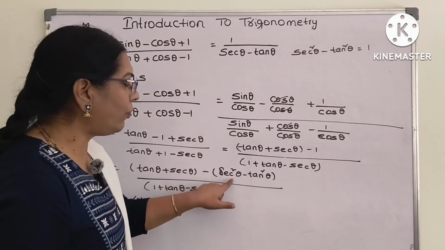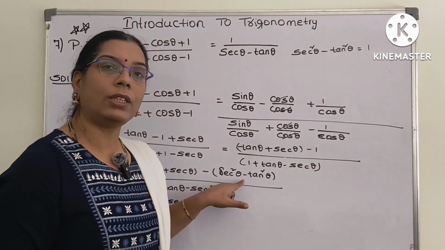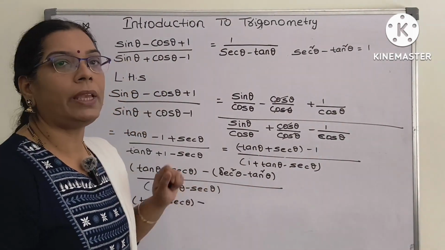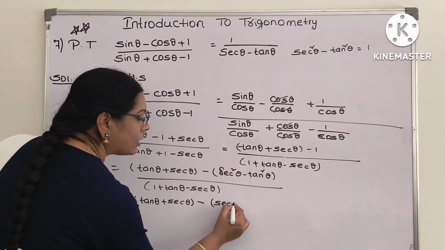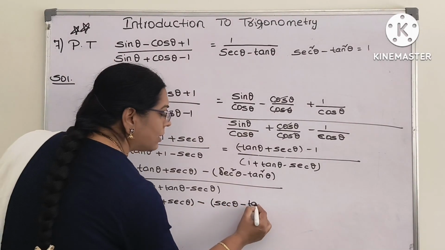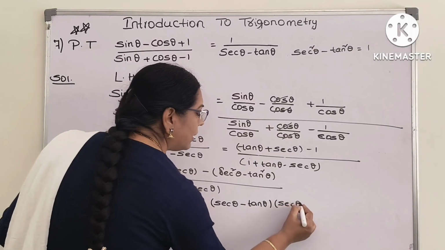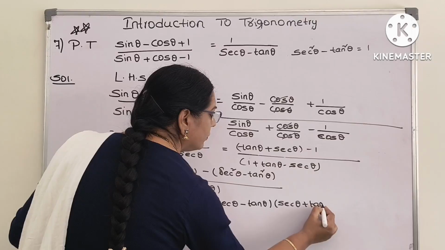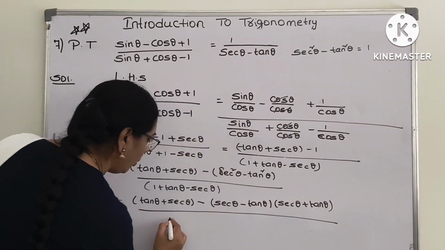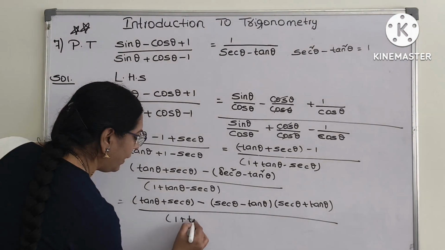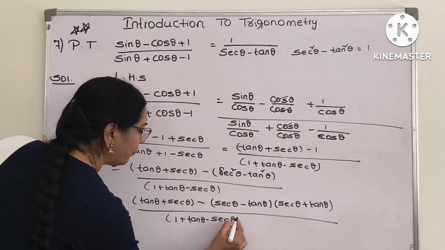Now if you see carefully, this is of the form a square minus b square. So it can be written as a plus b into a minus b, which is secant theta minus tan theta into secant theta plus tan theta, whole divided by 1 plus tan theta minus secant theta.